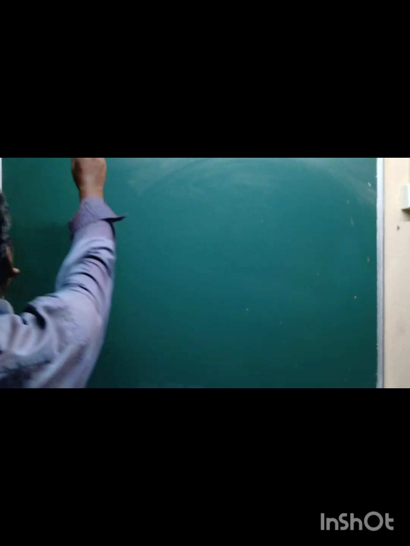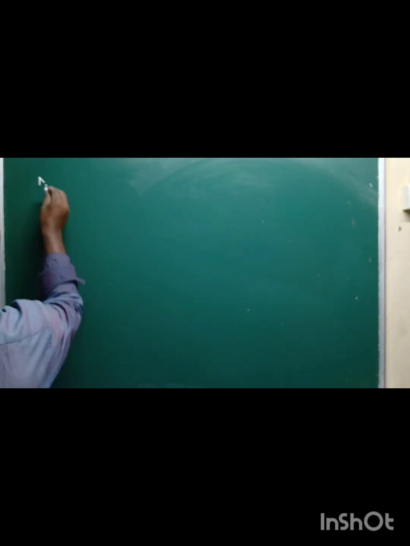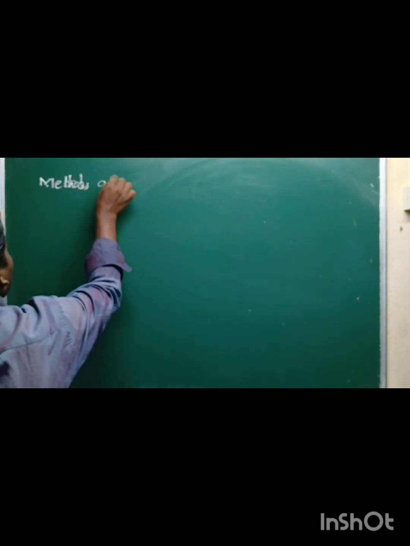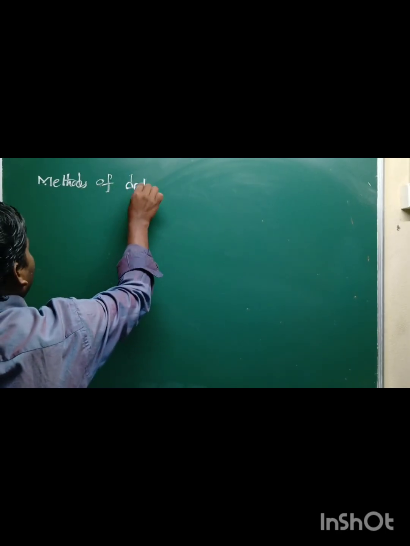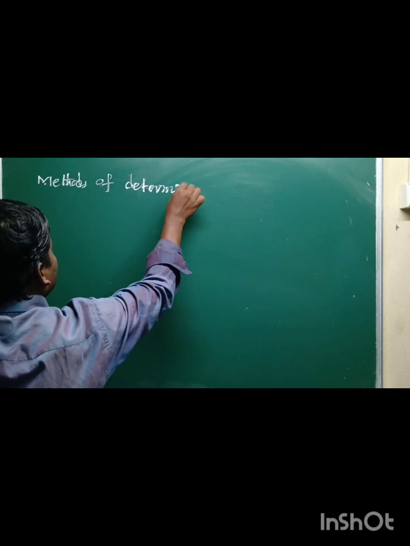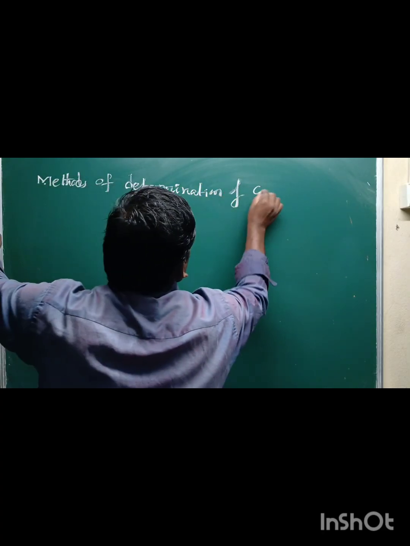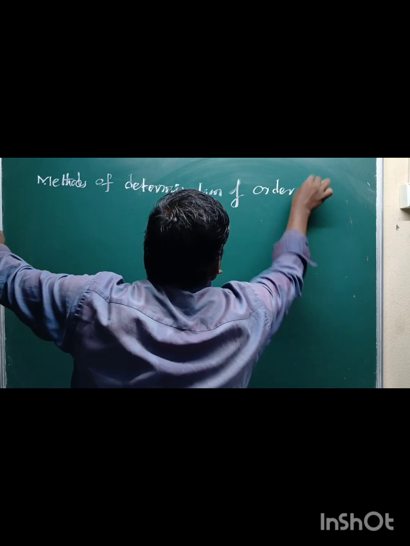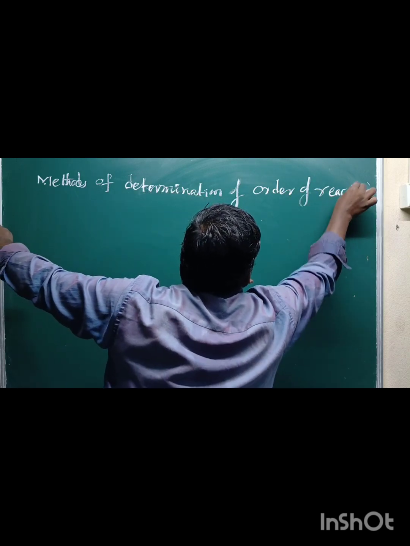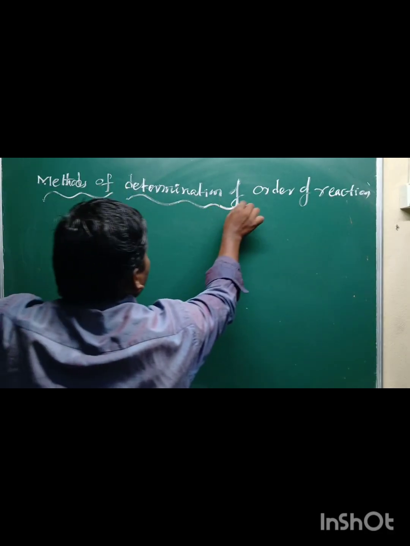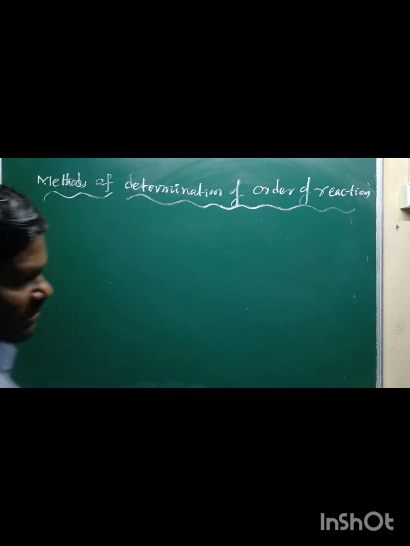Methods of determination of order of reaction. How many methods are there to determine the order of reactions?